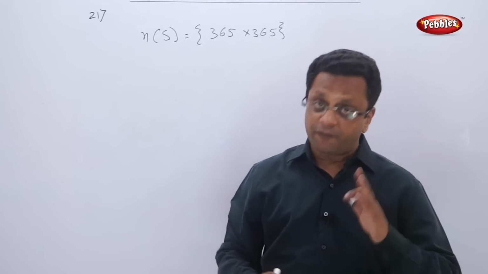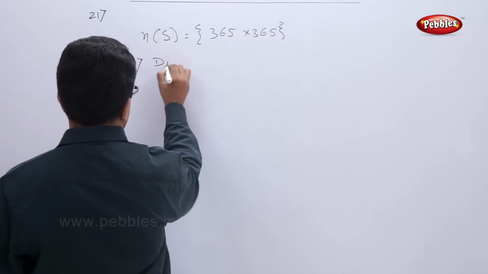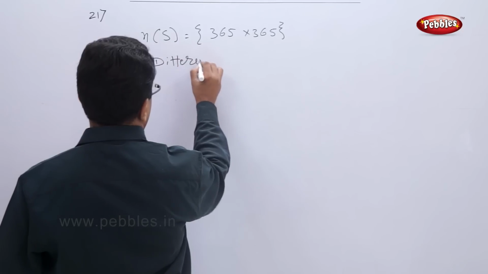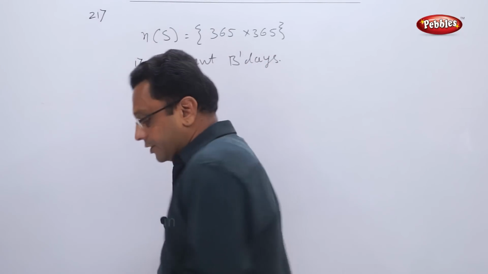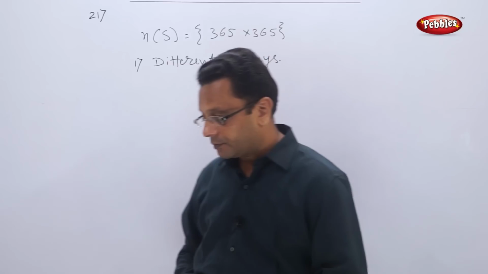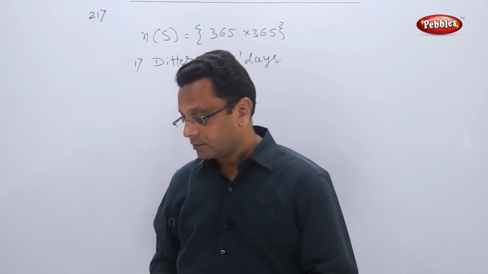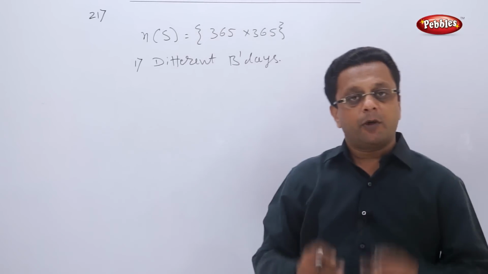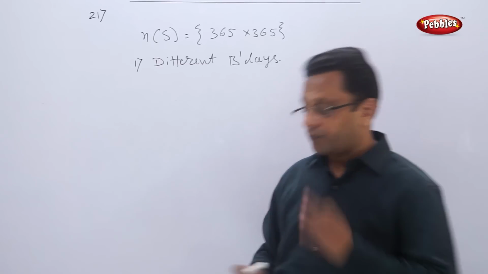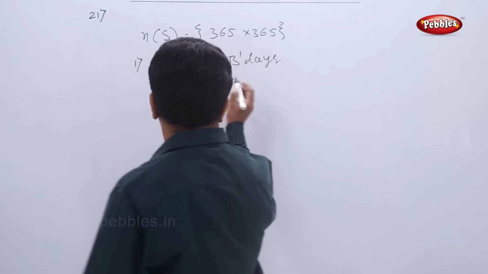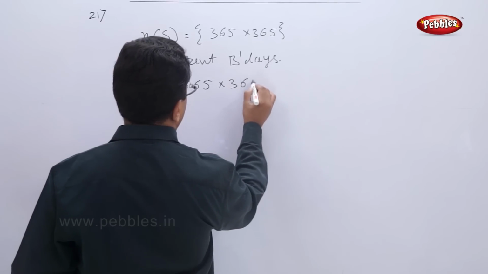Now let us consider the first case. The first case is different birthdays. Now what is the possibility of them having different birthdays? That possibility is 365 into 364.